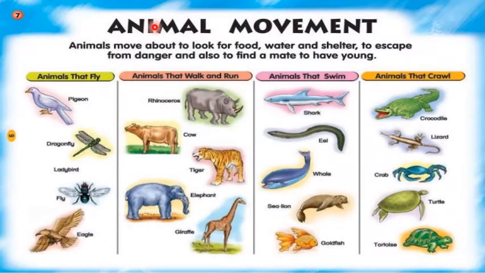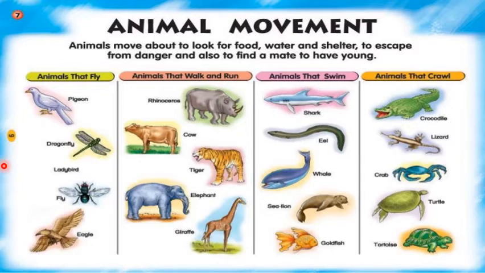As I told you, animals move about to look for food, water, shelter, to escape from danger, and also to find a mate to have young. Another reason is reproduction. We have classified animals into these categories: animals that fly, animals that walk and run, animals that swim, and animals that crawl.